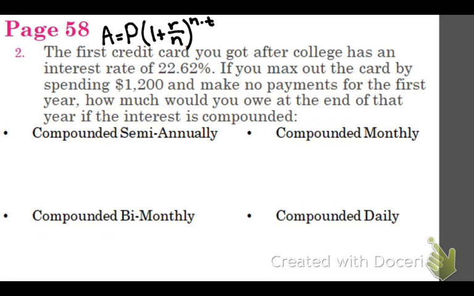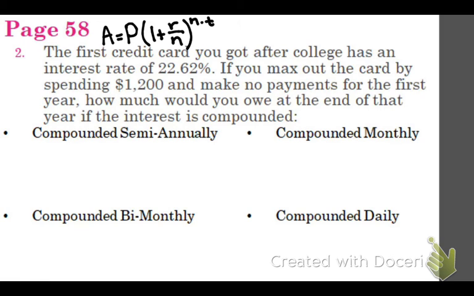We're going to move down to the next problem. It says the first credit card you got after college has an interest rate of 22.62%. If you max out the card by spending $1,200 but make no payments for the first year, how much would you owe at the end of that year if the interest is compounded?